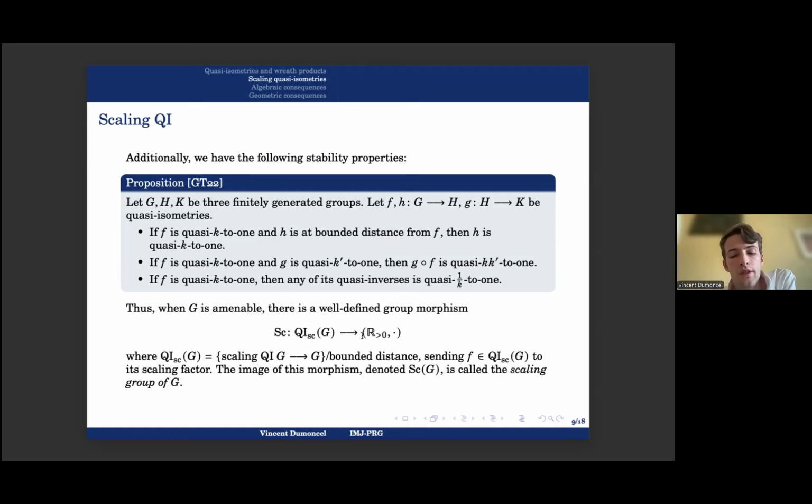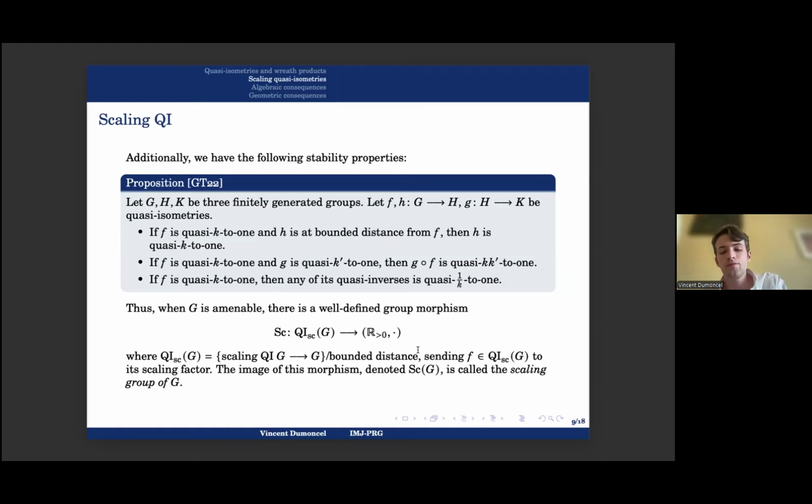When you have a group morphism, you can look at its direct image. Here it will be a subgroup of the strictly positive real numbers equipped with the multiplication. This subgroup is associated to G in a canonical way, and we call it the scaling group of G. It is the subgroup of the strictly positive real numbers that encodes all the scaling behavior that we can have for our space.